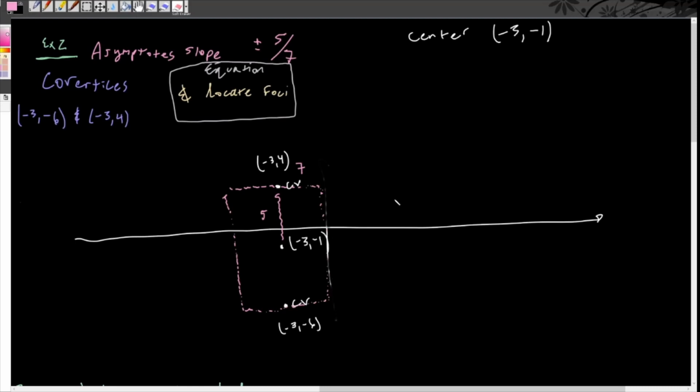And so 7 units to the right of -3 would be (4, -1). And 7 units to the left, we actually don't even need it. So we have everything we need, right? And those are the vertices. So let's draw our hyperbola.